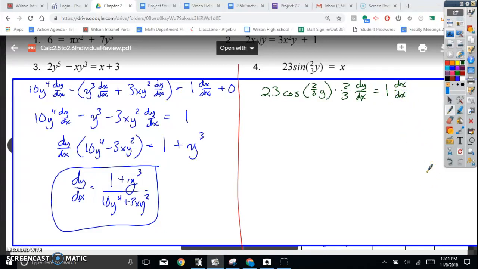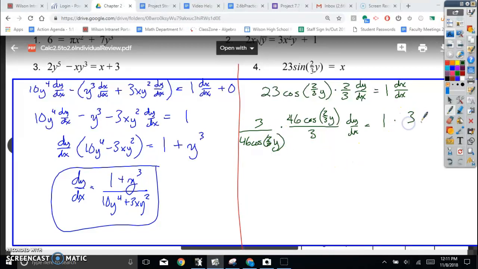All right, so it looks like we have a lot of stuff going on here. We've got 2/3 times 2/3, so this will be 4/9 cosine 2/3 y... I'm going to multiply by the reciprocal.